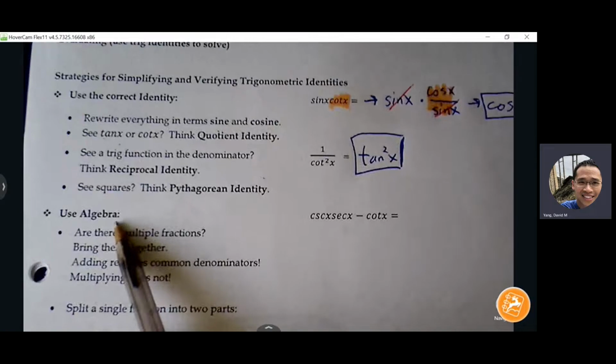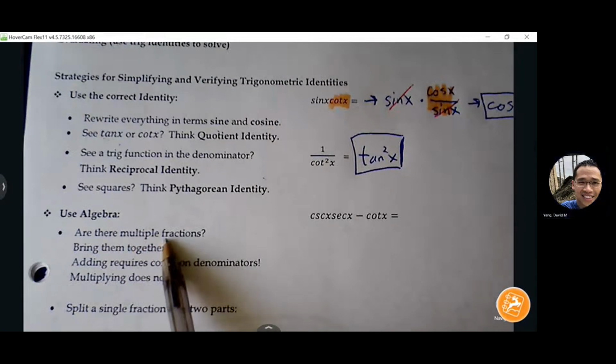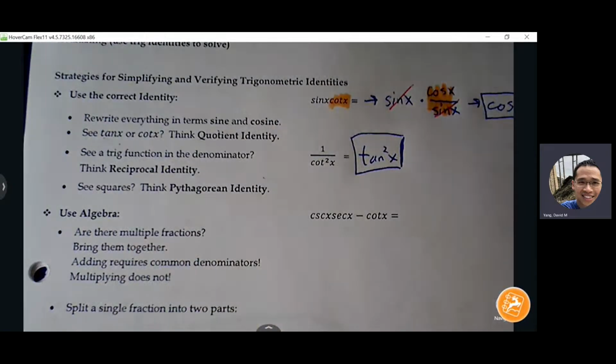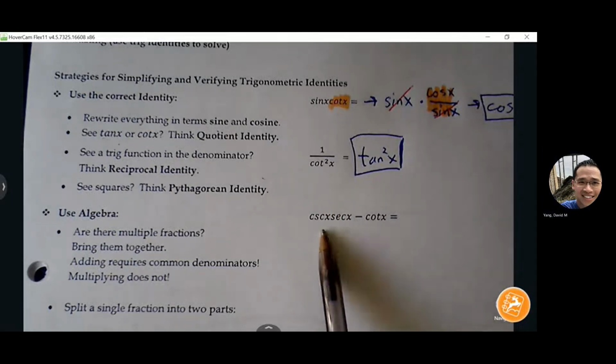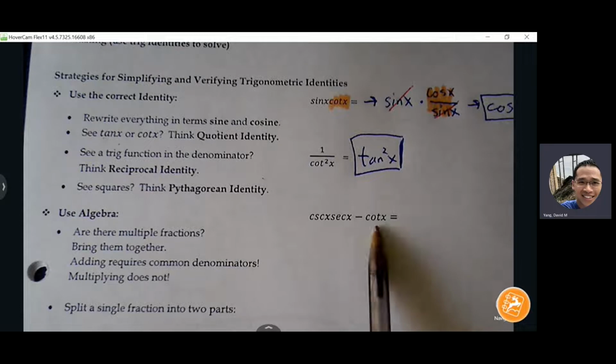The next is using algebra, okay? Do you see multiple fractions? Or do you see some denominators that we can put together? So here, I see cosecant, secant, cotangent, these are all different trig functions.